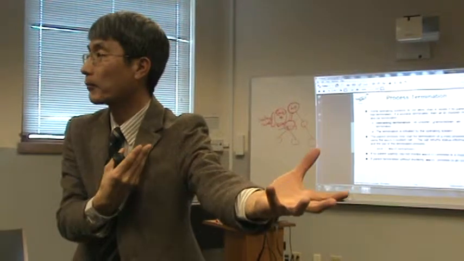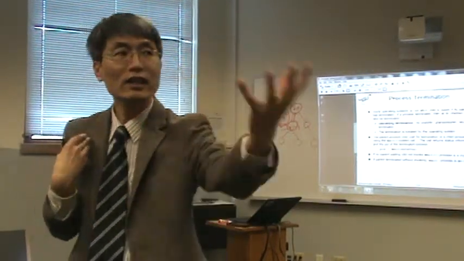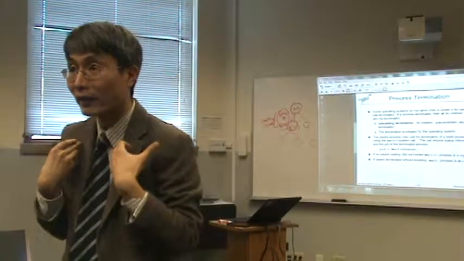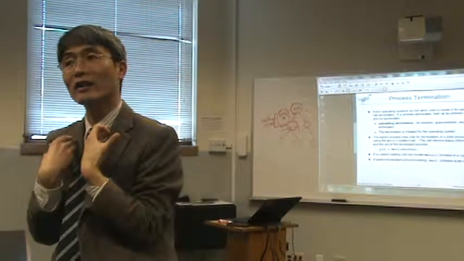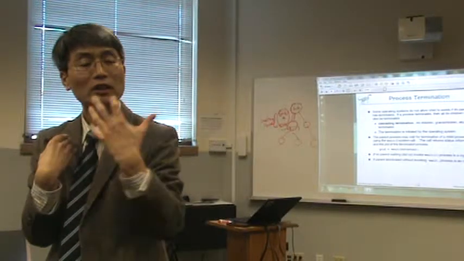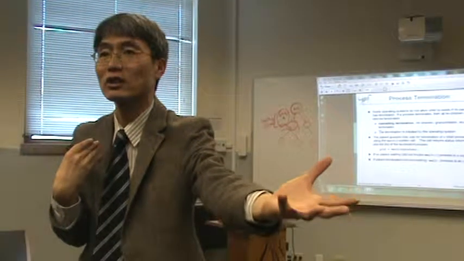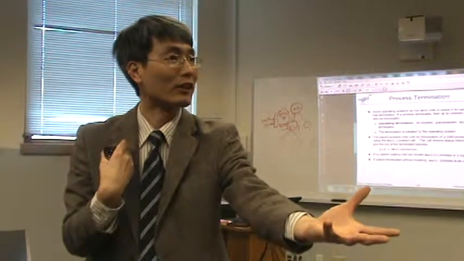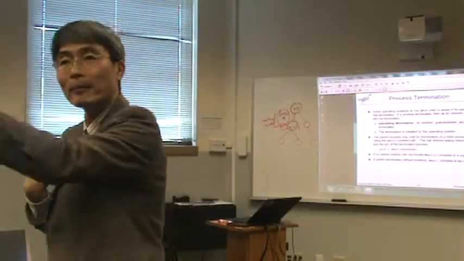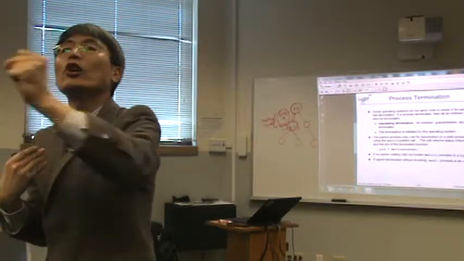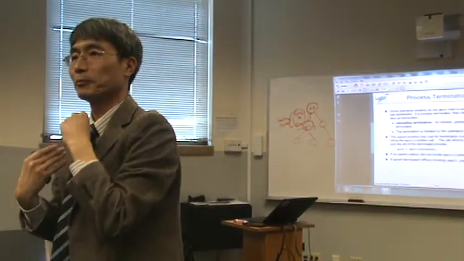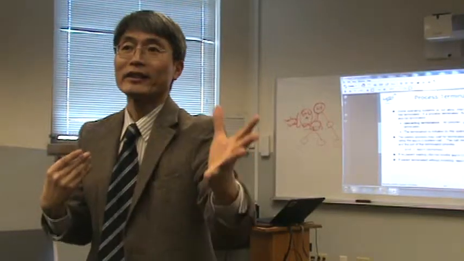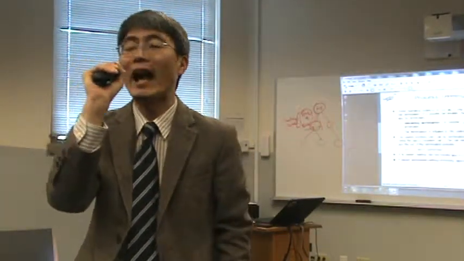My ID is 10, his ID is 20. So his parent's ID is 10. However, because I am terminated, he does not have parents, which means it's a zombie process. Then the init process takes over the job as a parent. Is it called an orphan process? Then that is a zombie process after that.